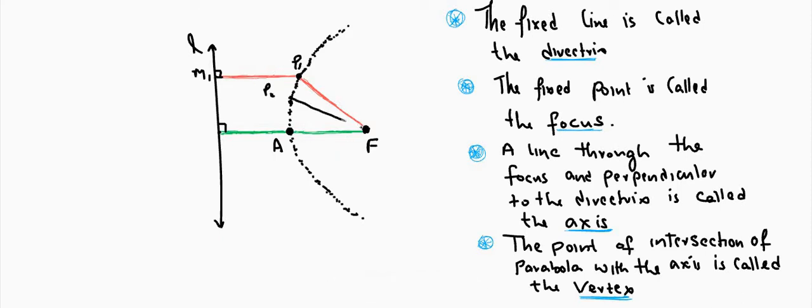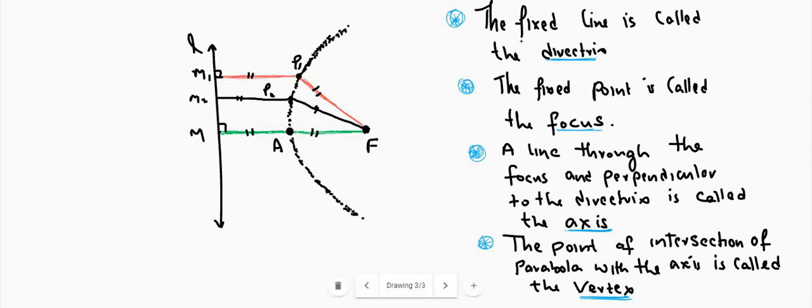Then the distance from F to P2 is the same as P2 to M2, and so on. Like this, AF is equal to AM. These distances are always the same. The curve traced by such points is known as a parabola.